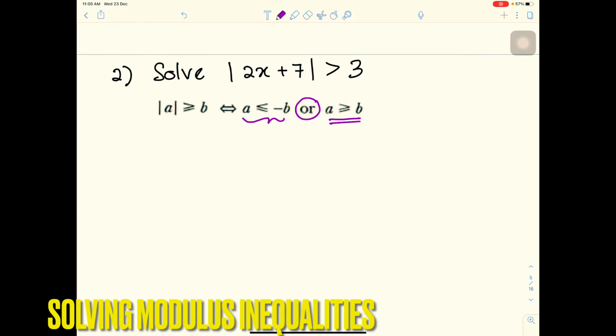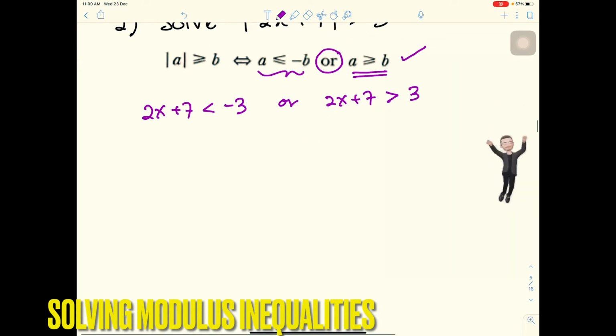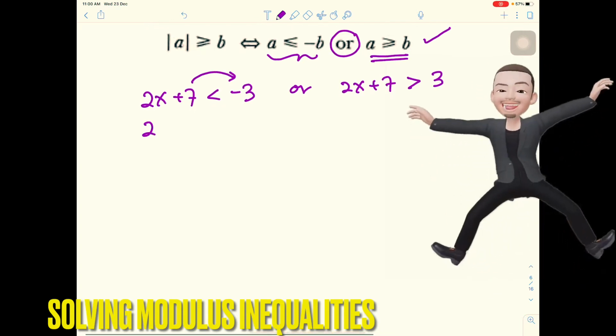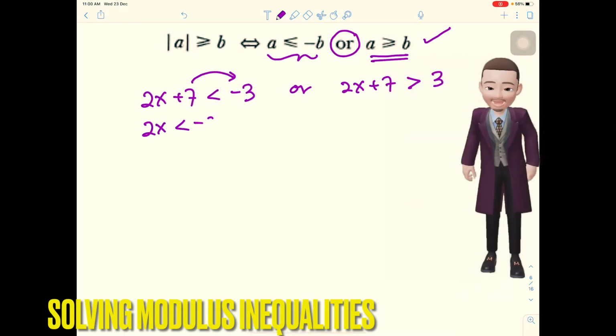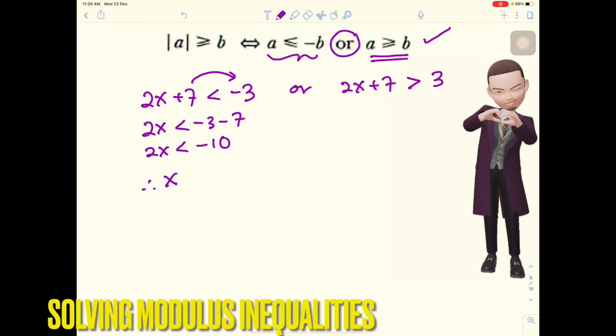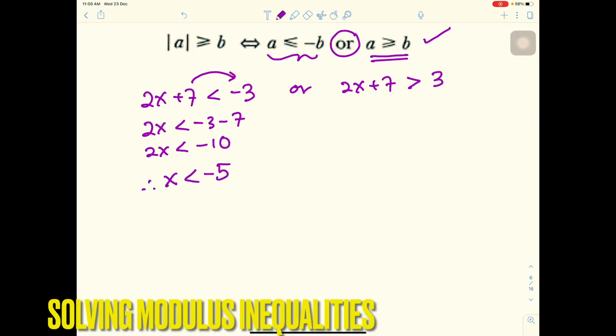From the question, we know 2x plus 7 is less than negative 3, or 2x plus 7 is greater than 3, according to this formula. Then solve both sides. We bring 7 to the right hand side, it becomes 2x less than negative 3 minus 7, 2x less than negative 10, therefore x less than negative 5 for the first solution.